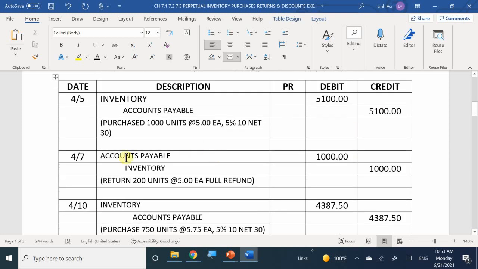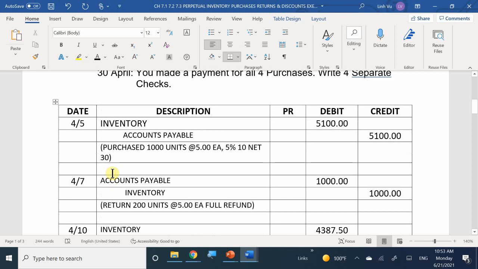But when I returned 200 of those items, I reduced my amount by 1,000. So how much in grand total am I going to make a payment for? If I owe 5,100 and I returned 1,000, good, 4,100.